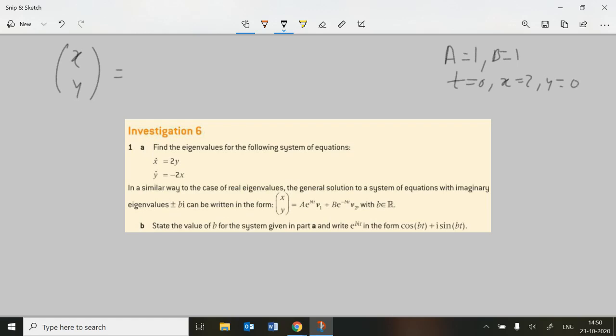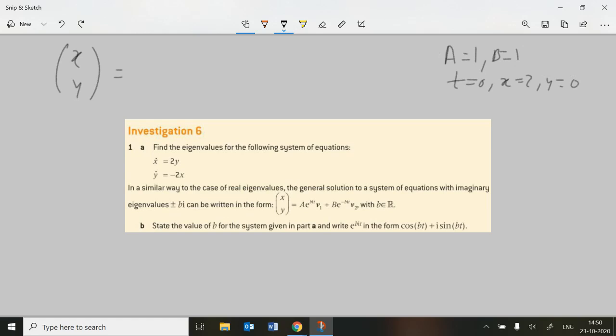Now, I'm kind of doing this back to front because actually I put in a is 1 and b is 1 and t is 0, and I worked out these two things here, which you'll see in a second. Whereas normally we get given these initial conditions and we work out what a and b are for a particular solution. I'm doing this a bit back to front.